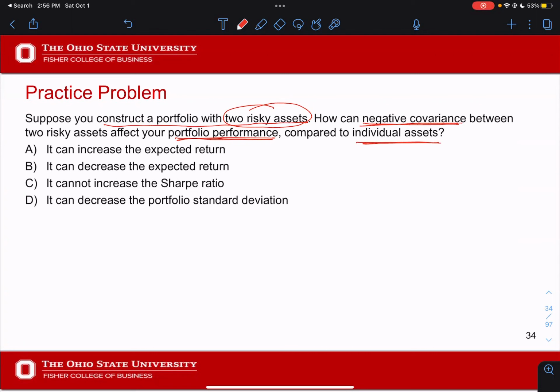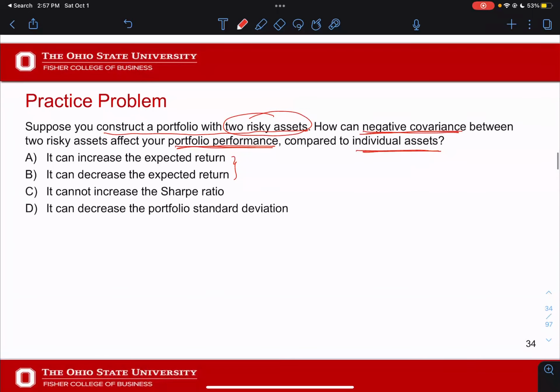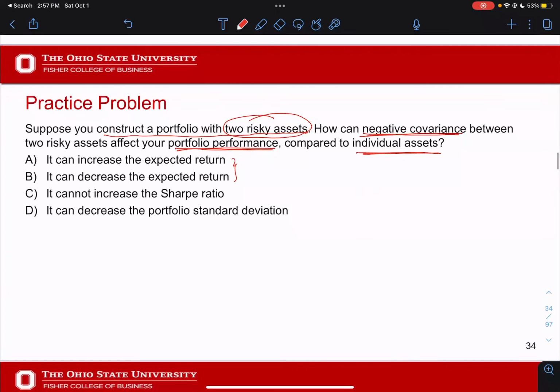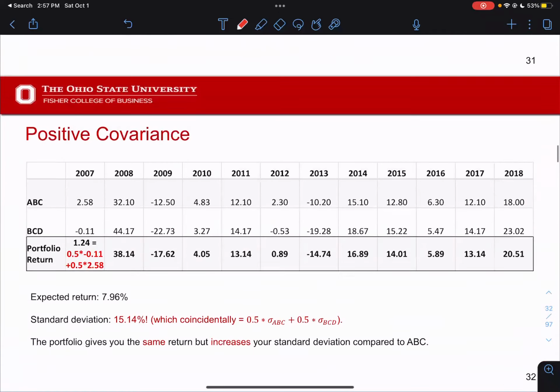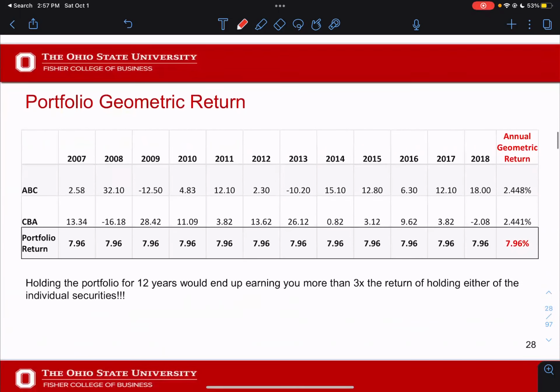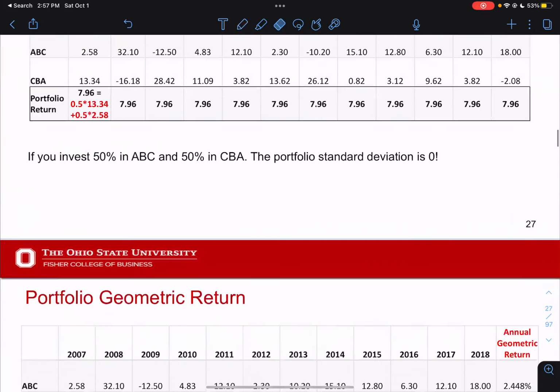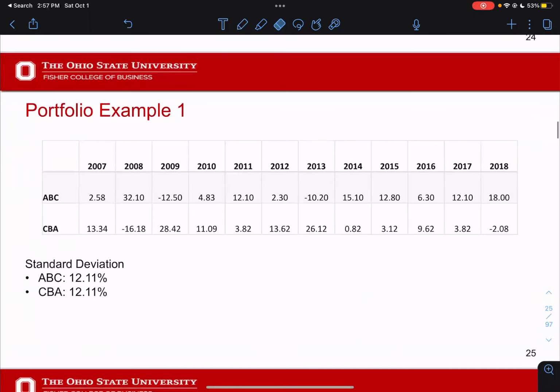Let's look at A and B, because it's very confusing. And I remember in class, Nate asked about the return, why the return is higher or lower. So I think you might think there's an effect on return because of the example I gave you. So here, portfolio example 1 has negative covariance.